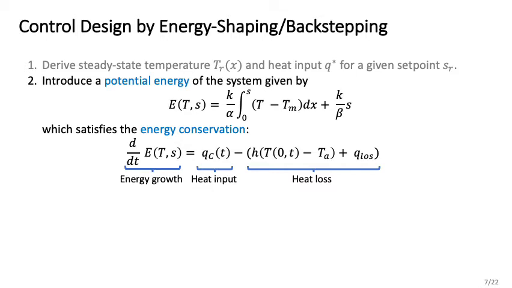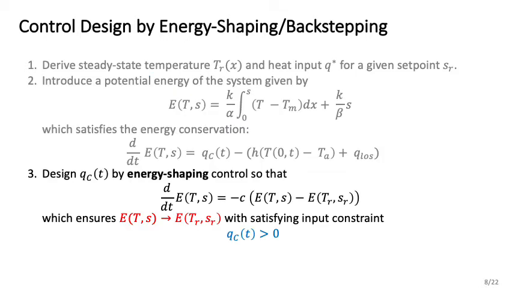We can see that this energy variable satisfies the energy conservation law, saying that the energy growth is equivalent to the gap between heat input and heat loss. We design Qc(t) by the energy shaping method so that the energy variable is shown to converge to a desired energy value at a given set point position, while further satisfying the input constraint in the control problem we consider.